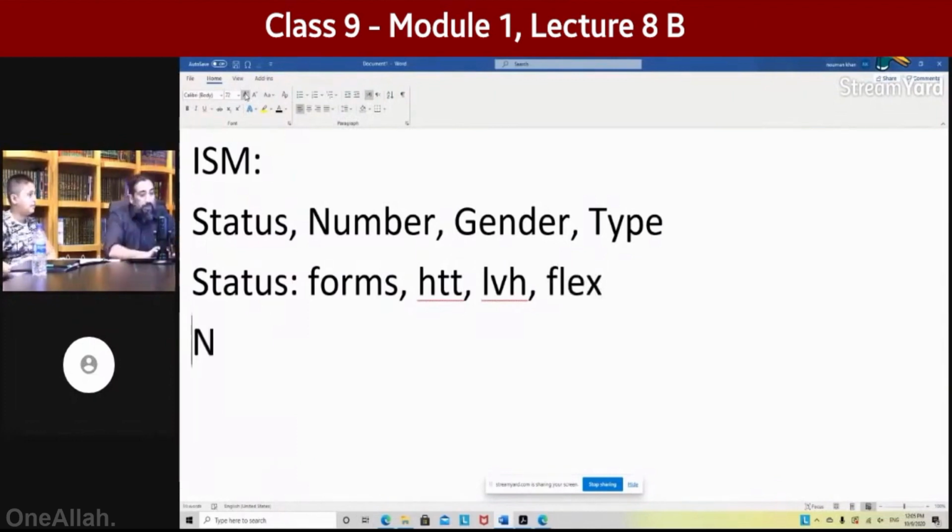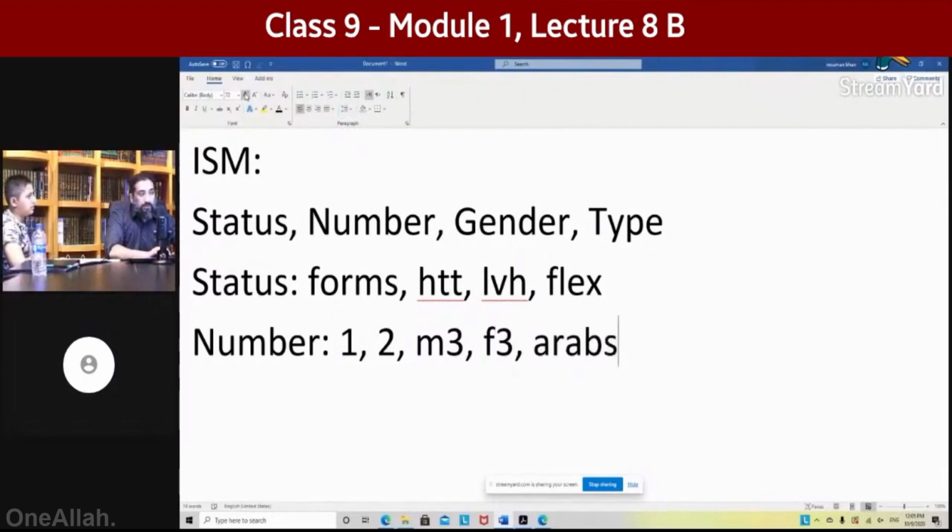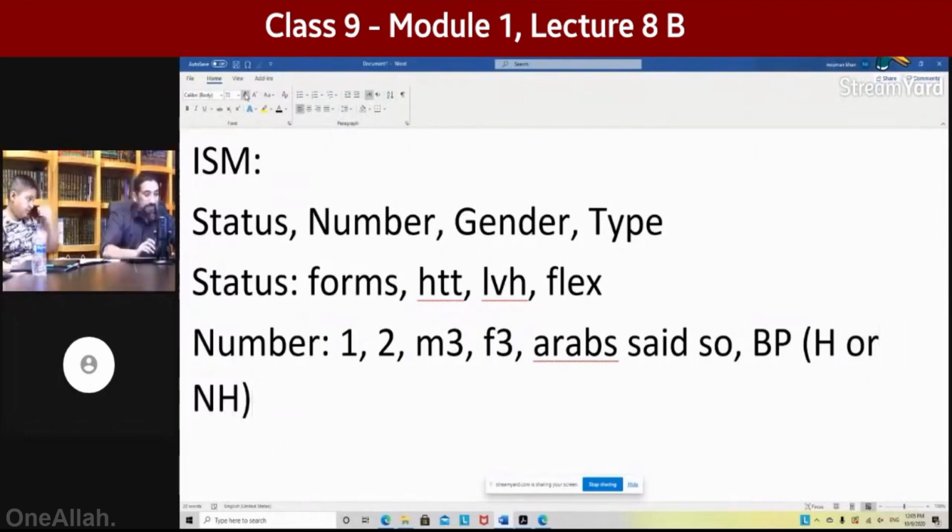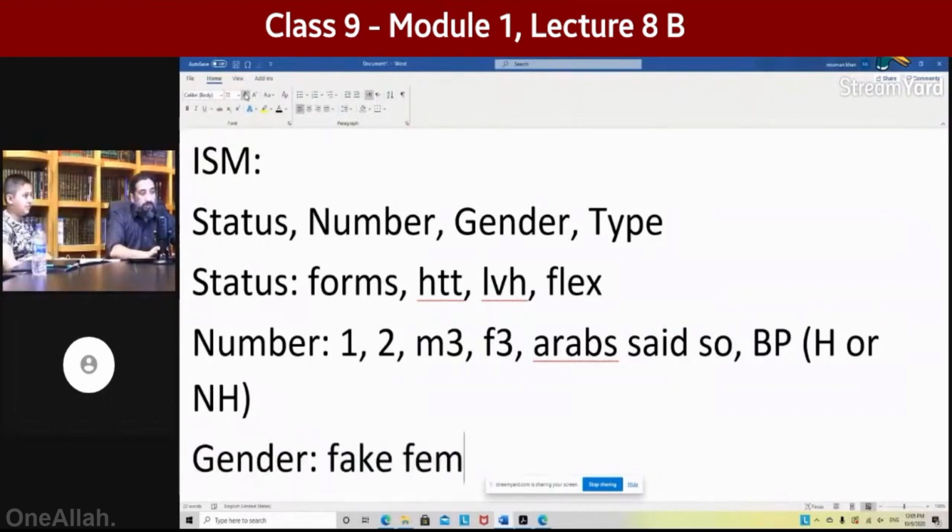Okay. For number, we studied singular, pair, masculine plural, feminine plural, plural because the Arab said so, and broken plurals, which are both human or non-human. That's number. In gender, we studied fake feminine, which could be this marbuta, alif maqsura, alif mamduda.